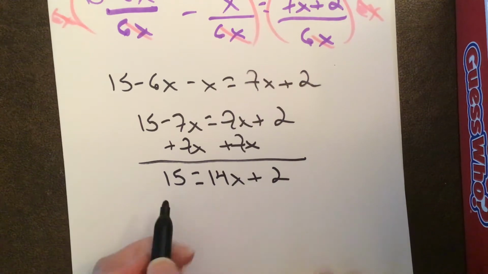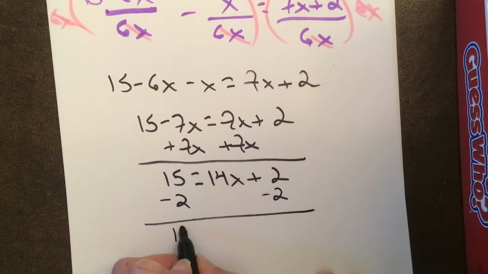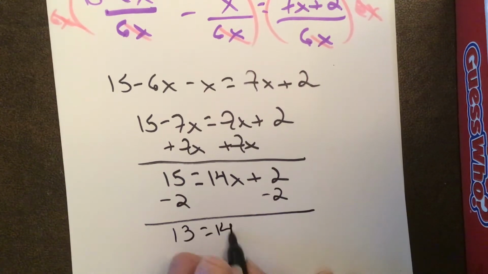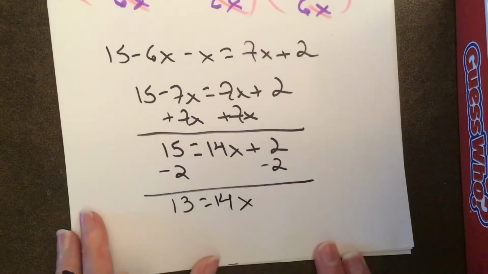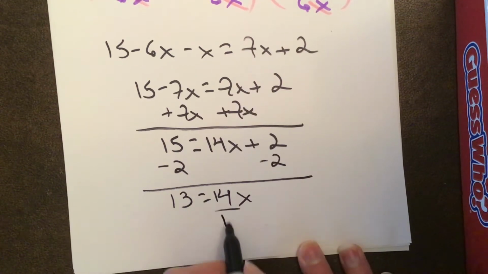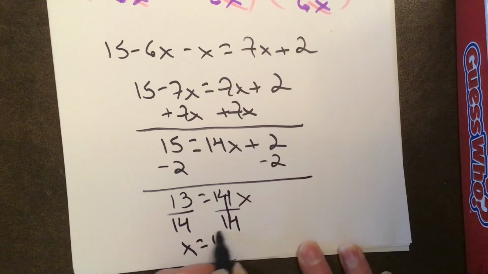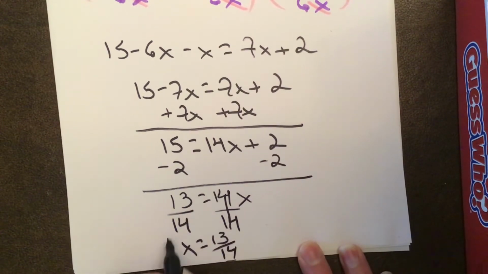And then I want to solve for x, so I'm going to subtract 2. So I get 13 equals 14x. And then I want to get x by itself, so since this is connected by multiplication, I'm going to do division. So I get x equals 13 over 14.